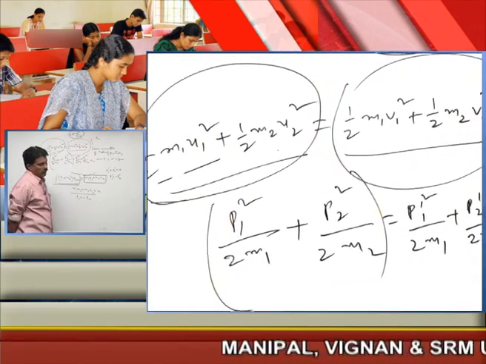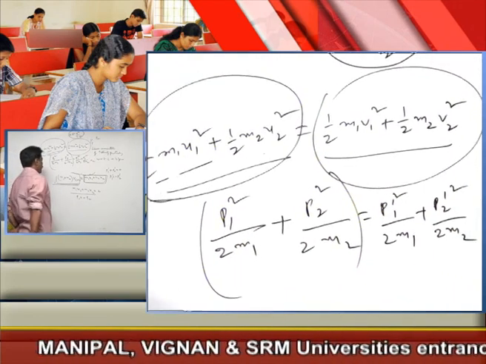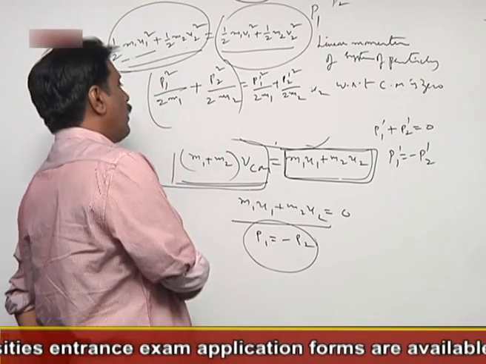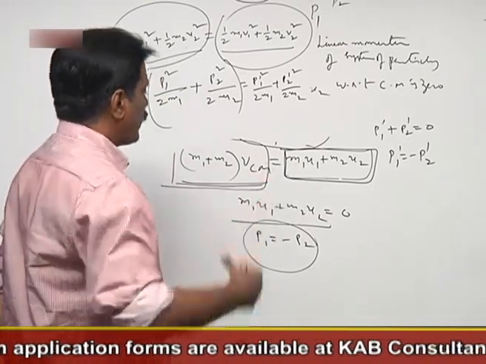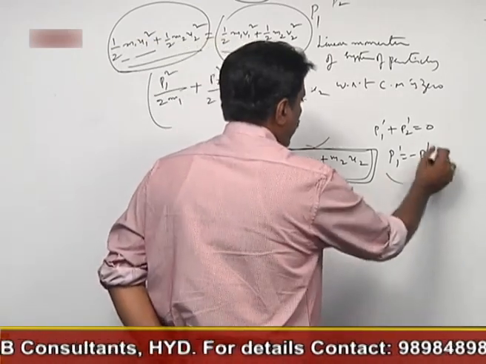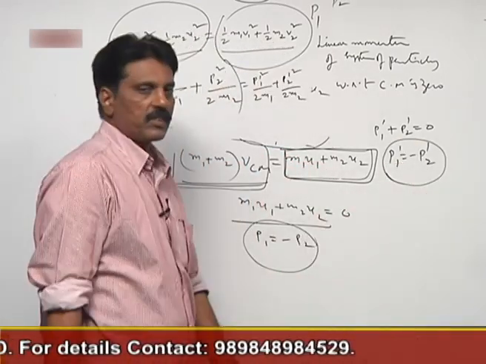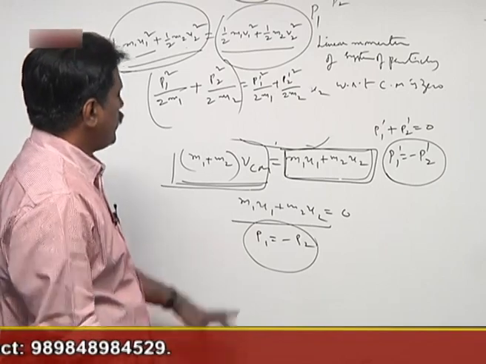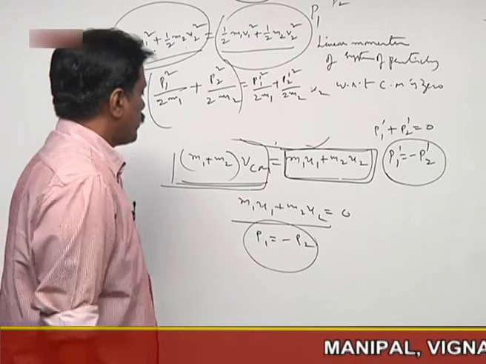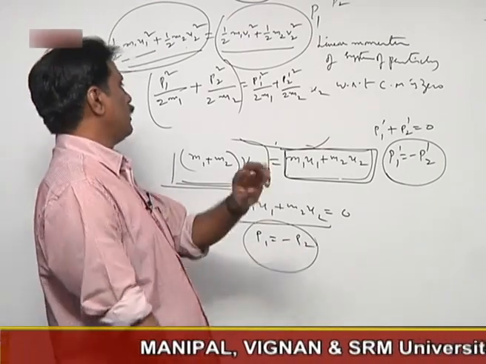Similarly, you write this. But if you see, P1 is equal to minus P2 in the center of mass reference frame, and P1 dash is equal to minus P2 dash. Therefore, substitute P1 equal to minus P2 here. Take squares on both sides, then P1 square equals P2 square.